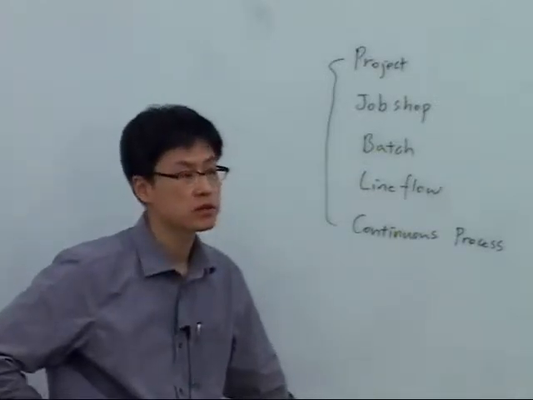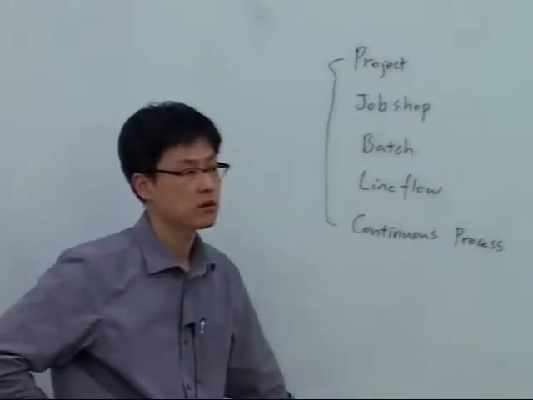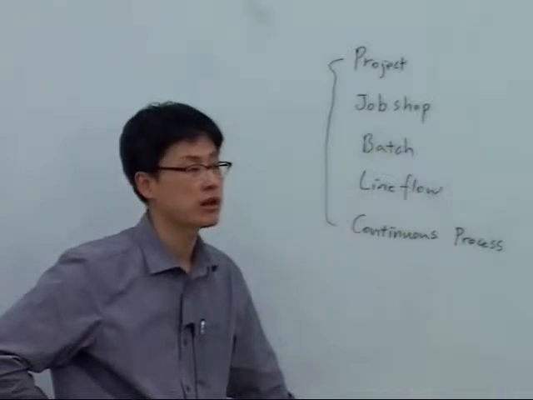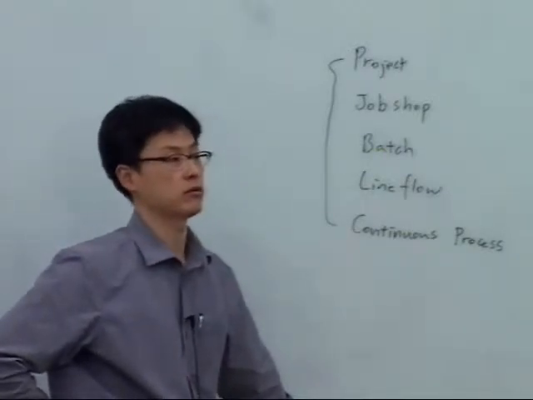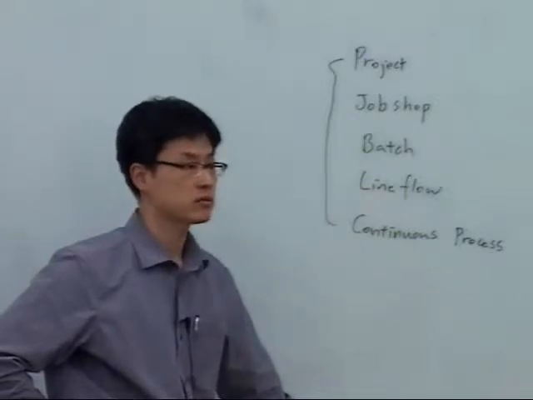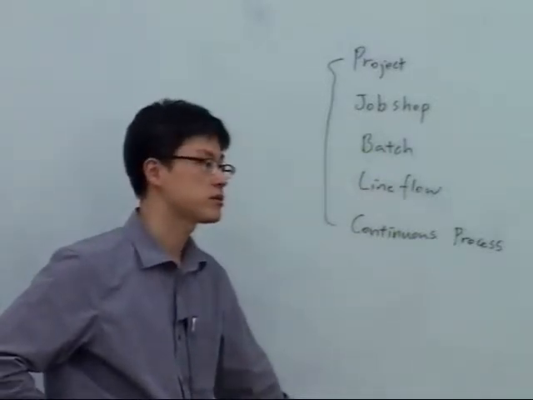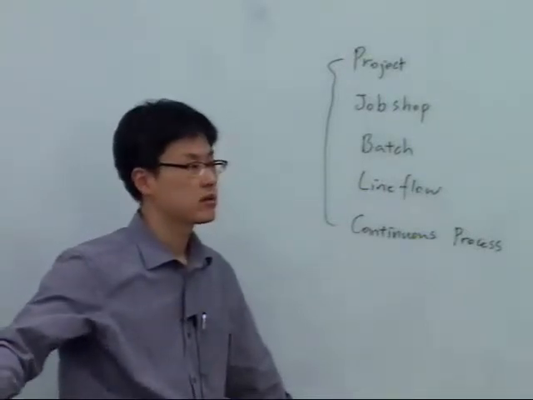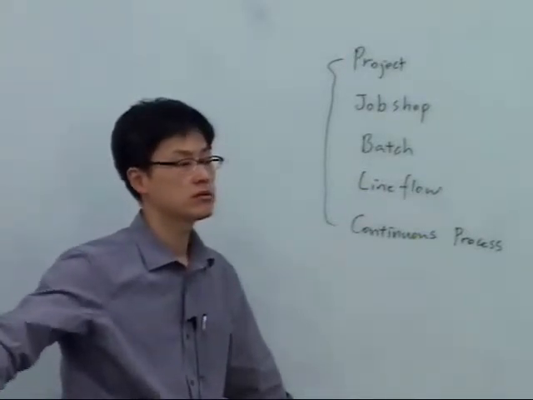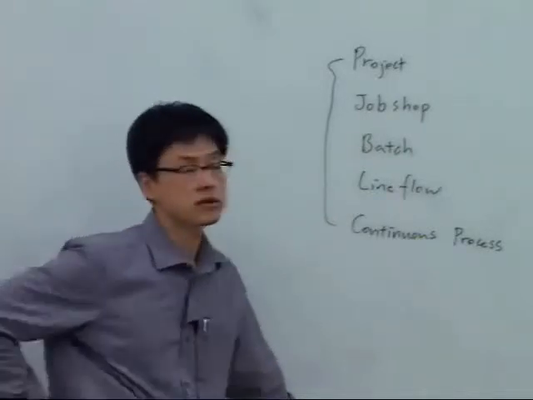But in most of the automobile assembly lines, it's a line flow, disconnected line flow. The difference between Toyota and the rest of the automotive companies is whether it is actually pulling continuous flow line or disconnected line flow.